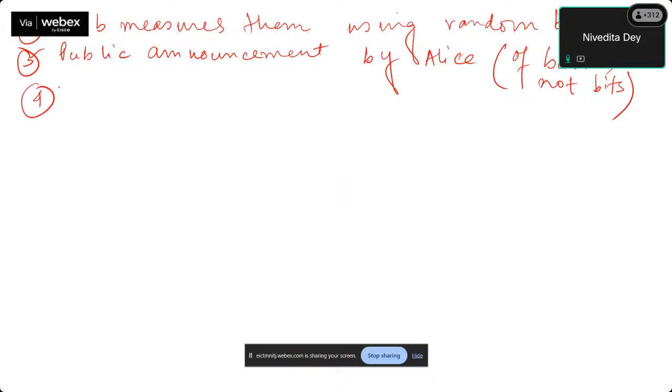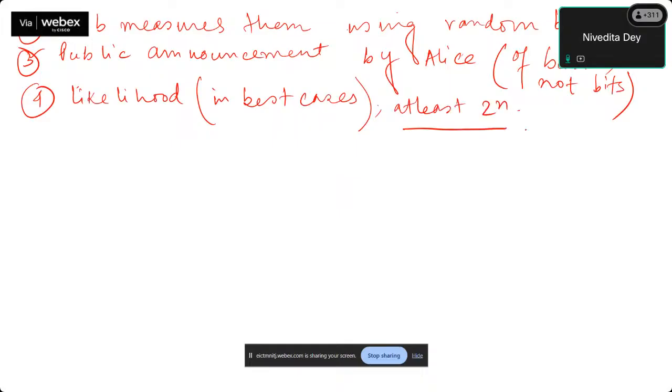Next is, in all likelihood, at least in 2n cases their bases will agree, right? So the likelihood in the best case is at least 2n, then an extra delta is to compensate for the possibility of actual agreement.